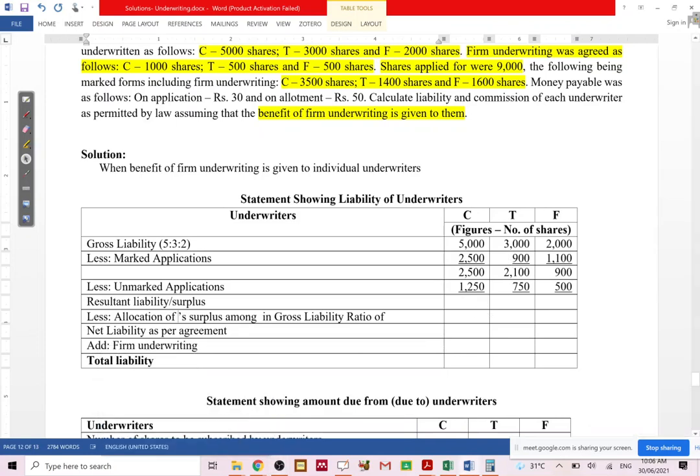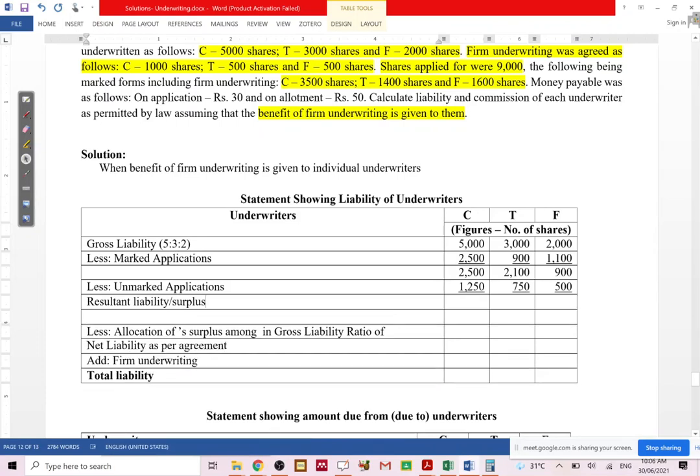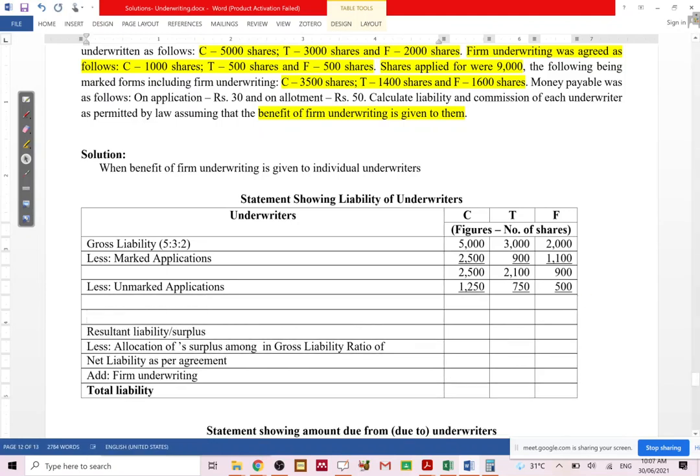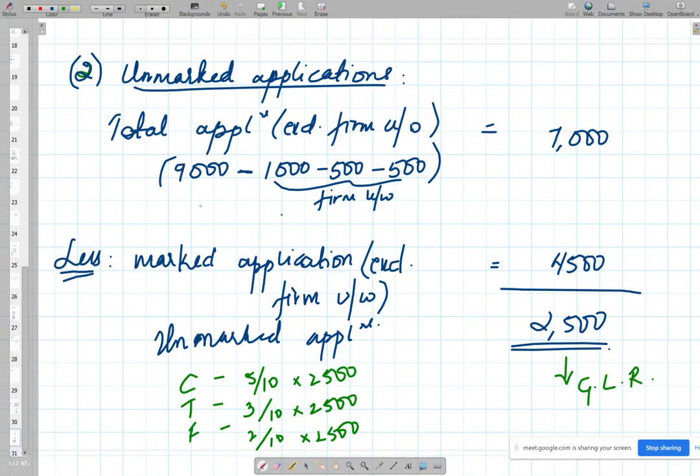So the balances after deducting the unmarked applications, let's see how much we get. Now one thing you need to remember is when benefit is given, there will be one extra step in the problem. Why? Because we didn't add firm underwriting to the unmarked applications, right?